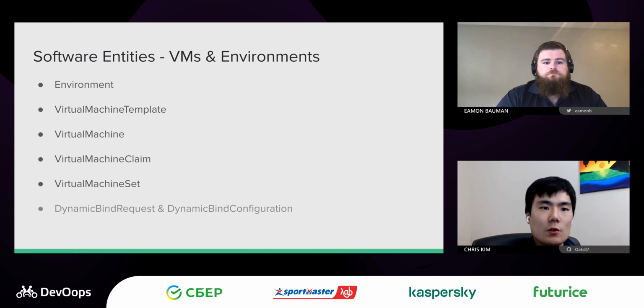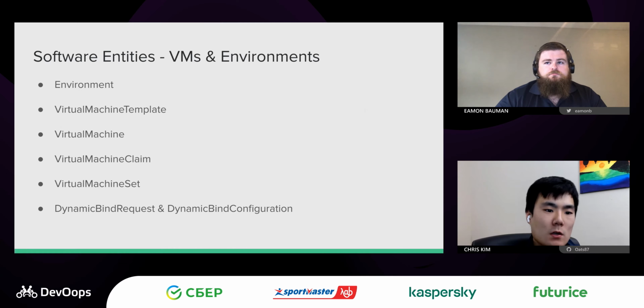We also introduced a new feature called dynamic bind. The reason we wanted to introduce dynamic bind is around the concept of being able to dynamically create virtual machines on the fly so that we didn't have to always create 20 virtual machines and burn a bunch of money in AWS. So dynamic bind request and dynamic bind configuration are the two objects that correspond to the actual virtual machines when we provision them on the backend.